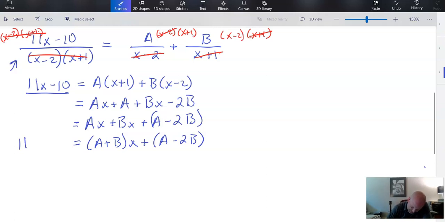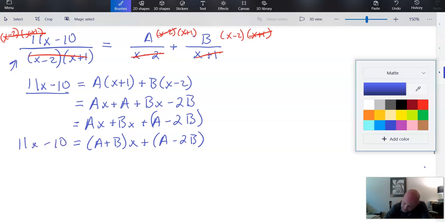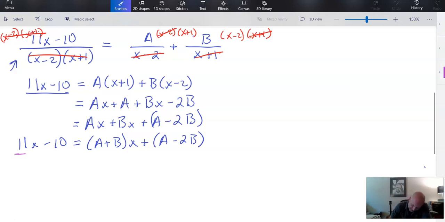Well, if this is actually equal to 11x minus 10, what that means is that 11 has to be equal to that because they both have coefficients of x, right? So that means that A plus B is equal to 11.